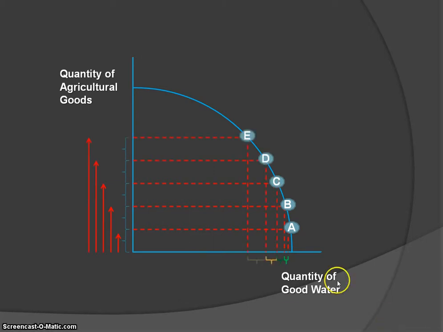So each of these brackets below here represents the loss in good water. So we can see therefore that you first initially lost the smallest green bracket, then this larger bracket, and a larger bracket, and a larger bracket, and then the largest bracket.